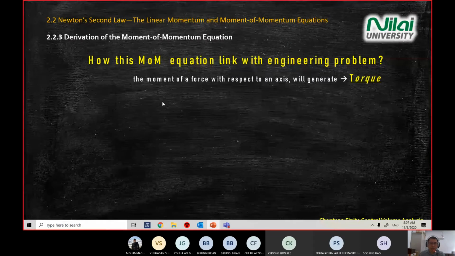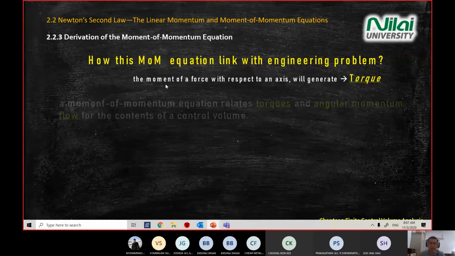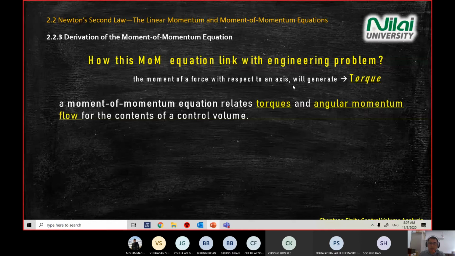We know that when we have a force and an axis, we have torque. Torque or moment equals F times D, if you recall what you learned in physics. This equation relates torque and angular momentum flow in the control volume. So fill in the blanks in question 31.